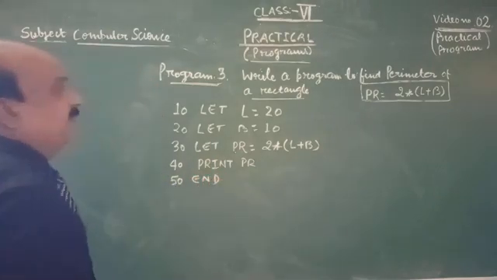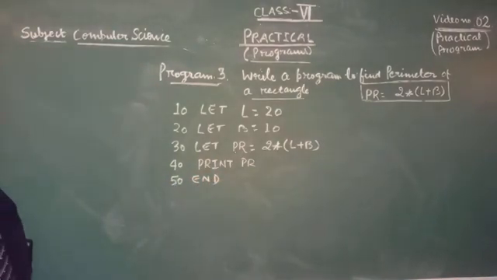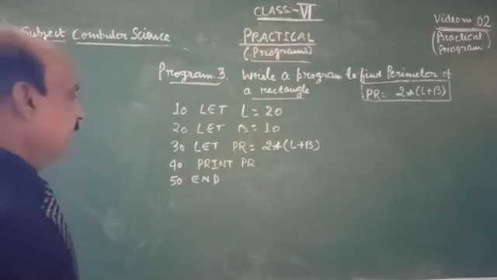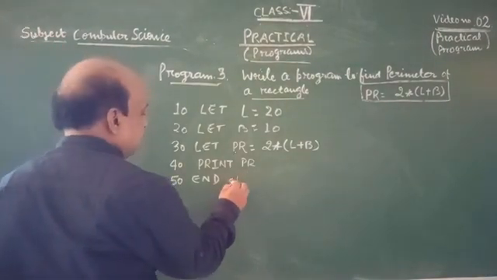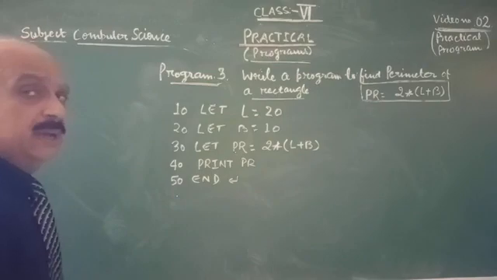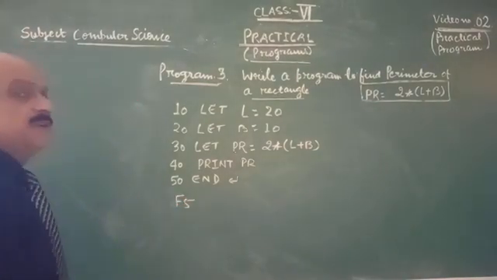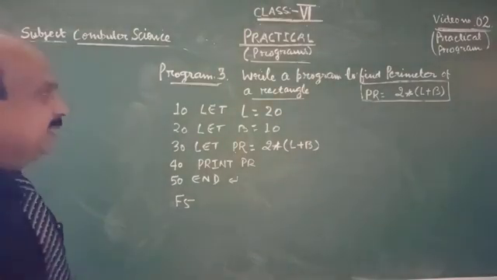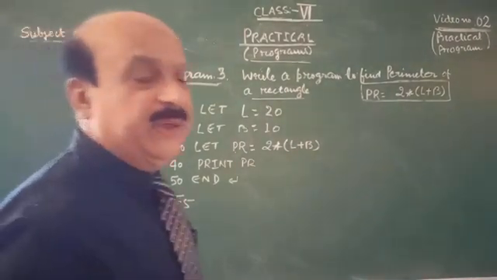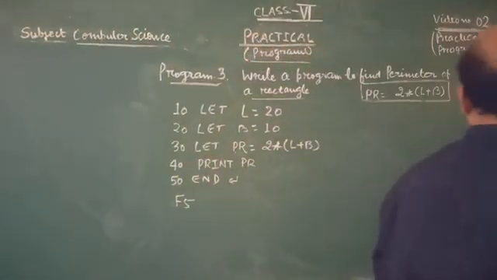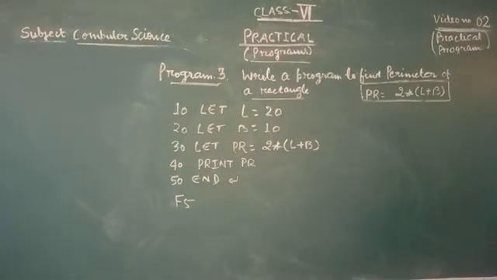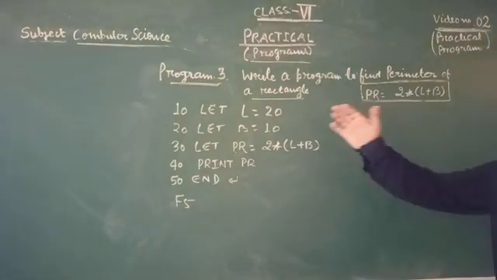That is the perimeter of a rectangle, clear? When it is completed, you will press the enter key, the cursor will come down. Here you will click on the F5 key, function 5 key. So you will get the result. So this is the way how you can find the perimeter of a rectangle. This is the formula.